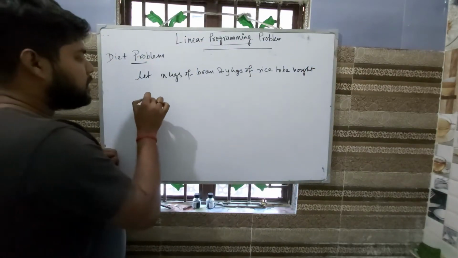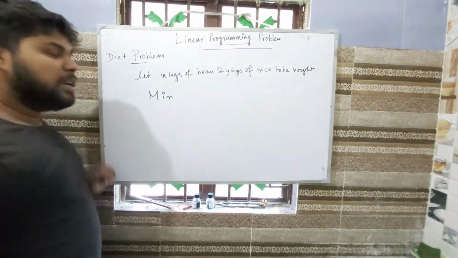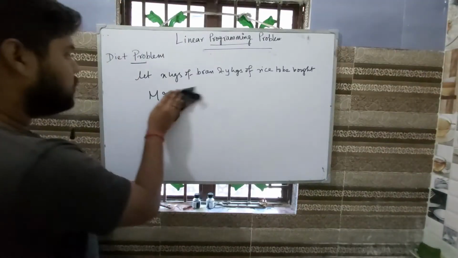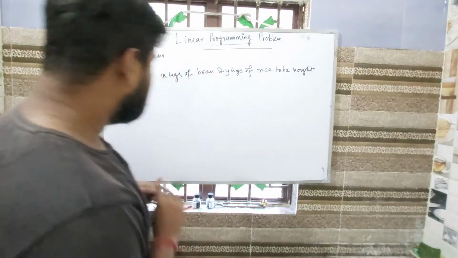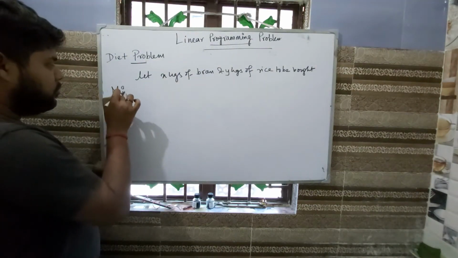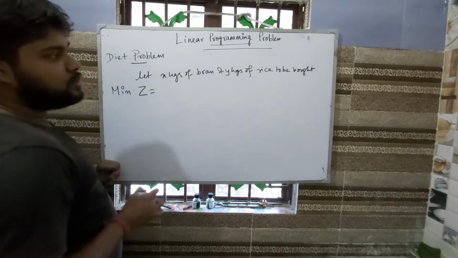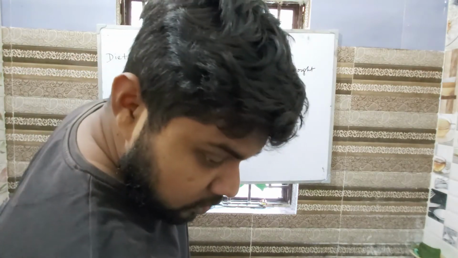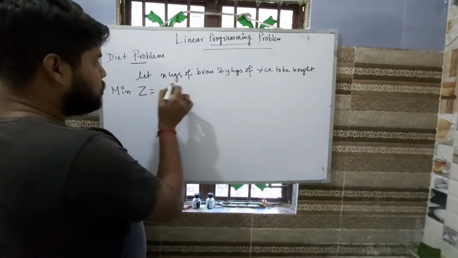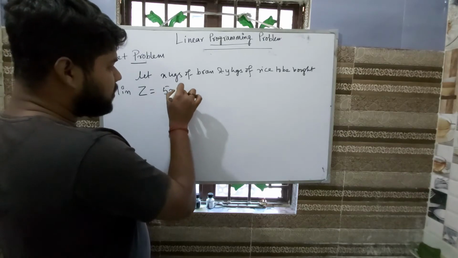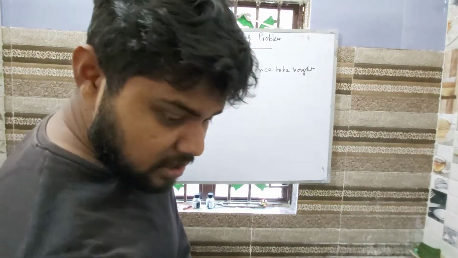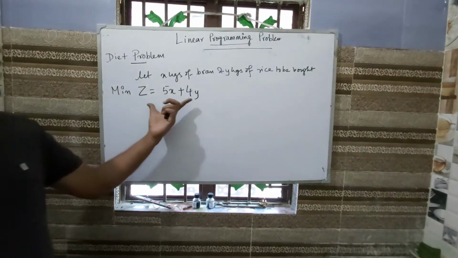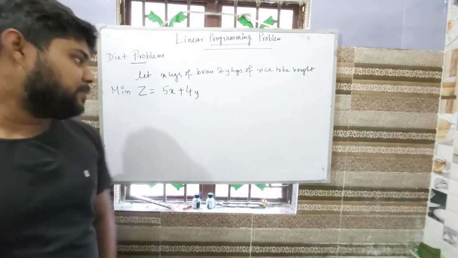Now, our problem becomes, let me just shift it a little bit. So let me write here. Min z equals x kgs of bran. Bran costs rupees 5, so that is 5x, and rice costs rupees 4 per kg. So this is your objective function which you are trying to minimize.